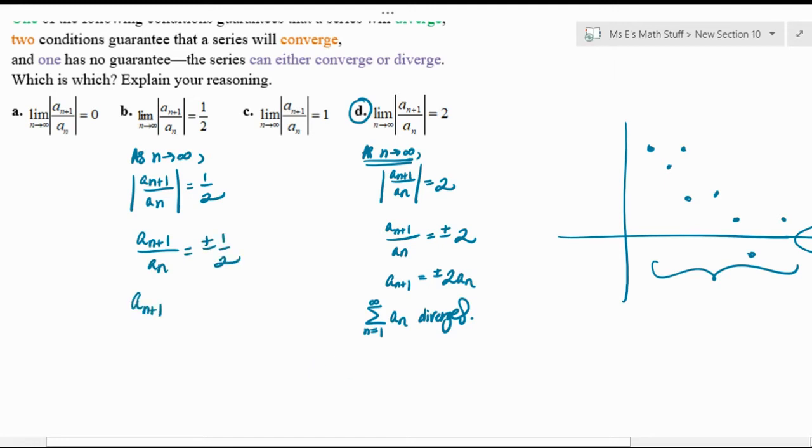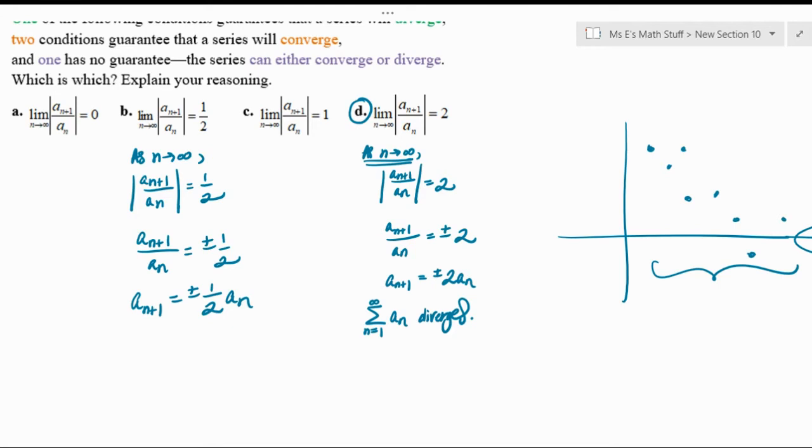And so that would mean that to get any term, as n goes to infinity anyway, you basically multiply the previous term by plus or minus 1/2. So for part B, at the tail end of the series, it starts to act like a geometric with a common ratio of either plus or minus 1/2.